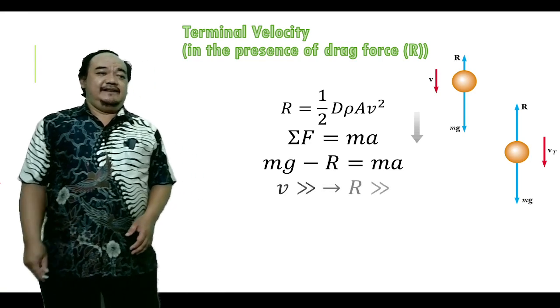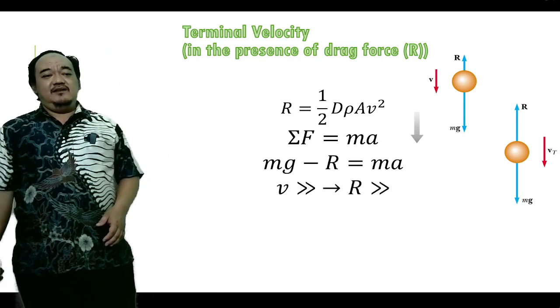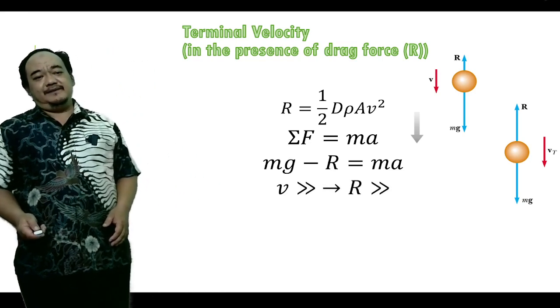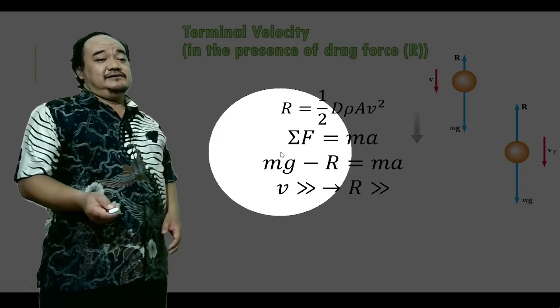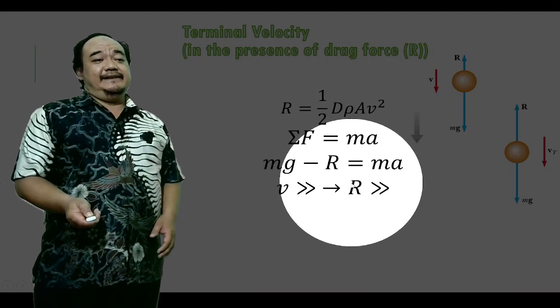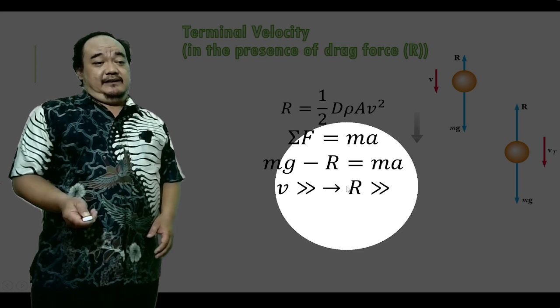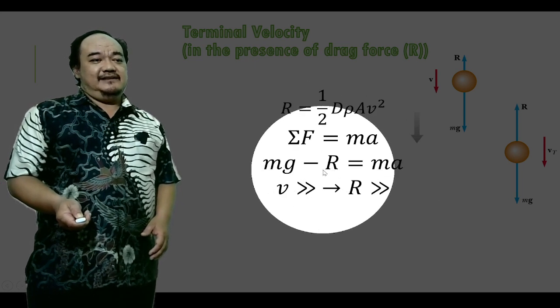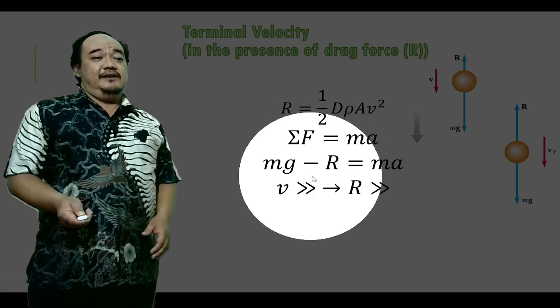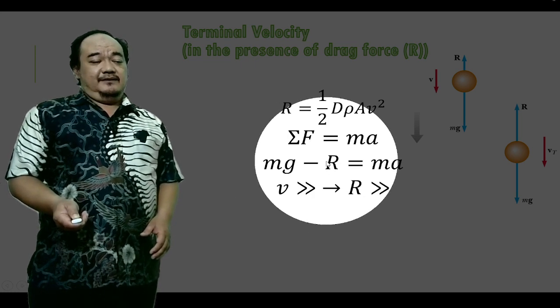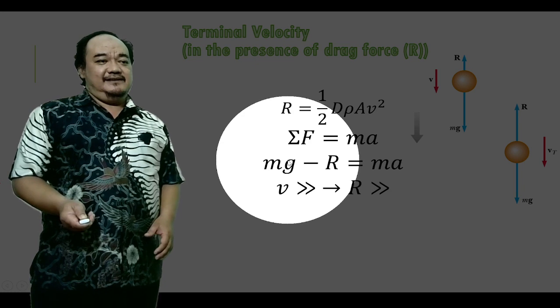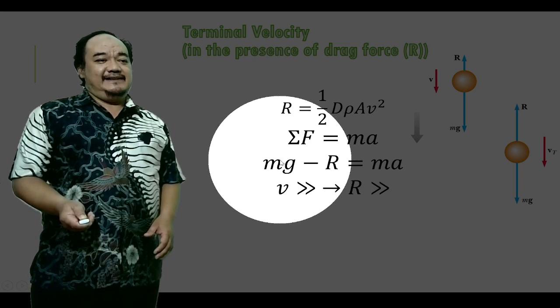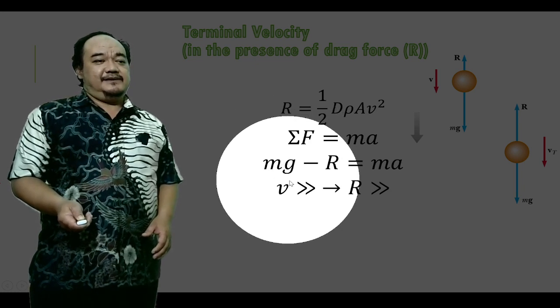Surprisingly, the higher velocity causes the higher drag force. Now, because the drag force is increasing, it means the drag force is not constant anymore. So the drag force will reach the same value as the gravity force.